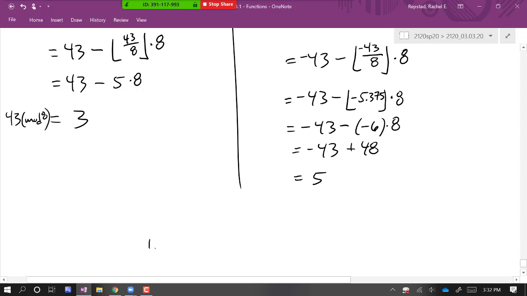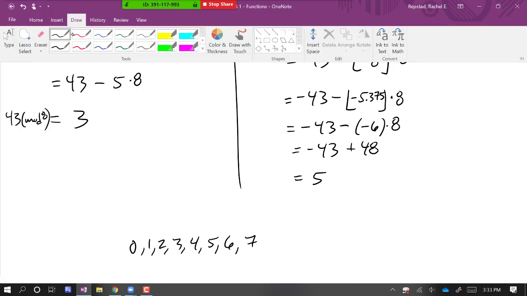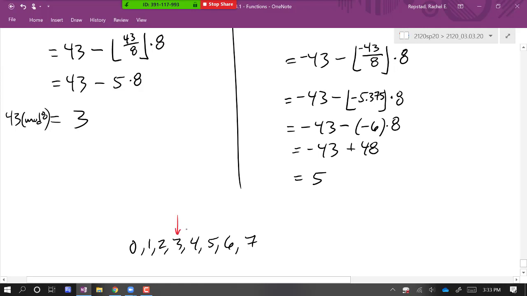You're very close. You're missing 1. 0. Yeah, something could be a multiple of 8. So when we did 43 mod 8, we got 3. When we did negative 43 mod 8, we got 5.